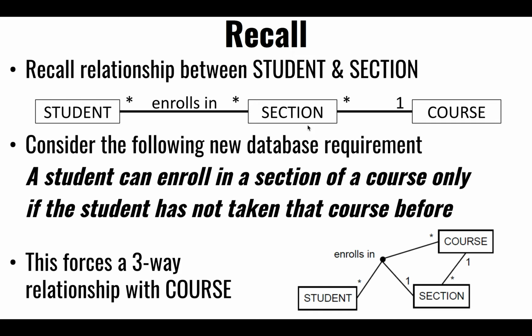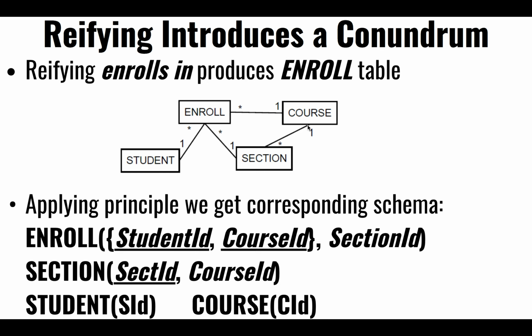But let's play around with this a little bit. We are deliberately causing a redundancy when you try to apply the principle, and we are deliberately causing a conundrum, that we'll see in a minute. Anyway, so reifying.